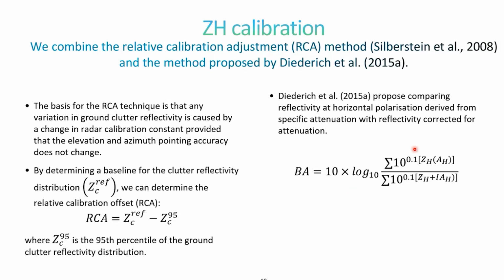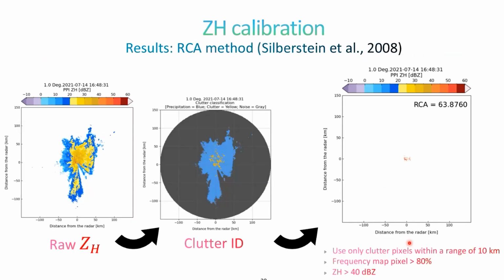And then we're trying to combine it with the method proposed by Diederich that compares the reflectivity at horizontal polarization derived from specific attenuation with reflectivity corrected for attenuation. However, this method is a little bit difficult to implement because it requires big events with attenuation. So you can see here, we have a raw ZH.